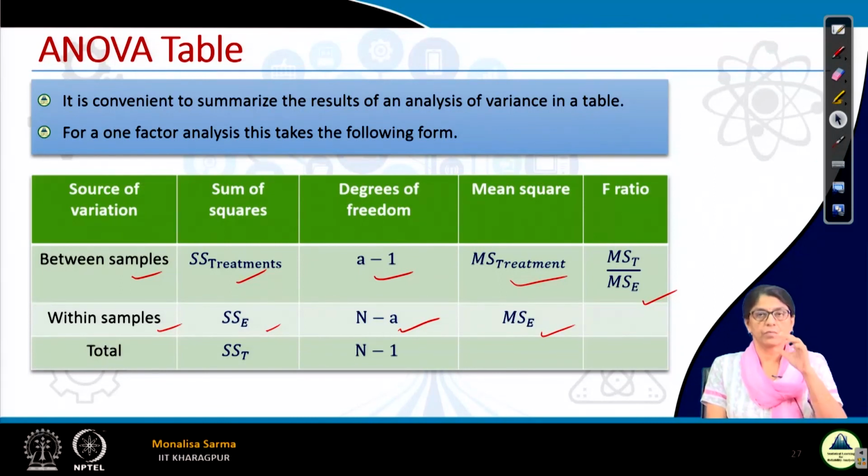Now, if both the terms are almost equal, maybe not the same, but with not much difference, if MS treatment and MSE are similar, then we can say that the treatment did not have any effect on the populations.